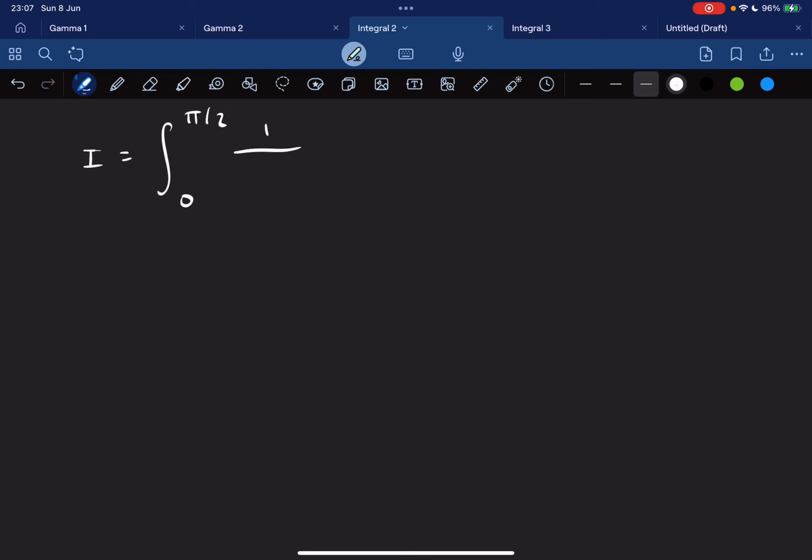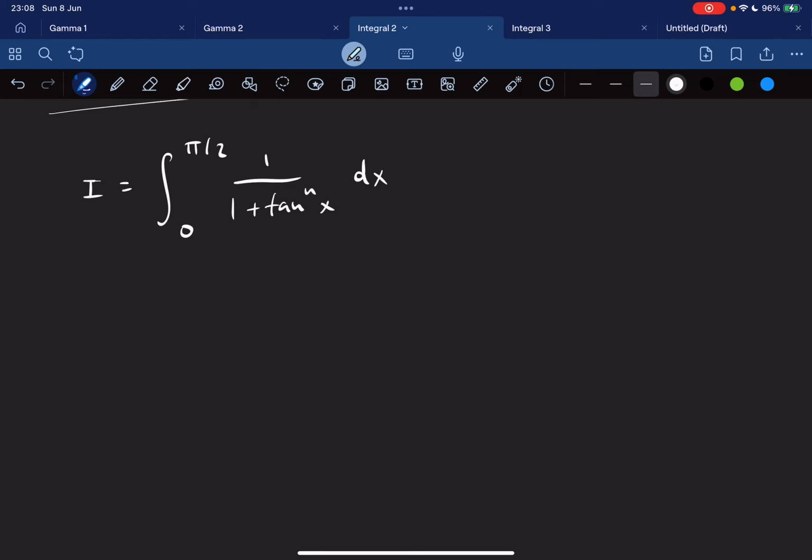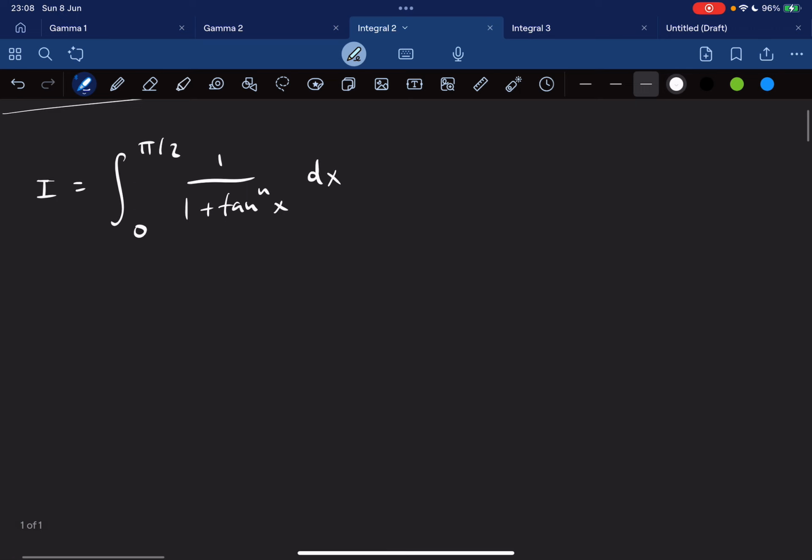And it's 1 over 1 plus tan to the n x dx, between 0 and pi over 2. Now, let's think about this. Can we make a substitution? If I say u equals tan x, we'll end up with the sec squared term for our du.